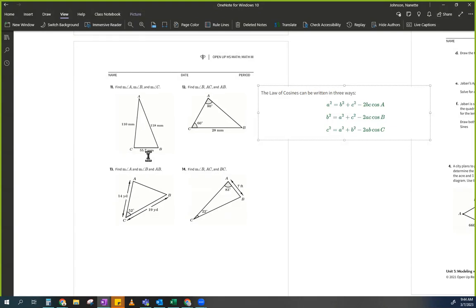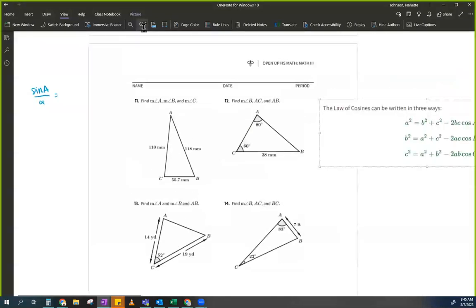The very first thing I do is fill out the law of sines. The law of sines, if you remember, is sine A over a equals sine B over b equals sine C over c. That's the first thing I notice. Then I'm going to plug everything in, and then you're going to notice something, hopefully. So let me make this a tad bigger.